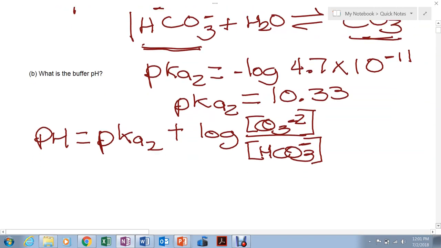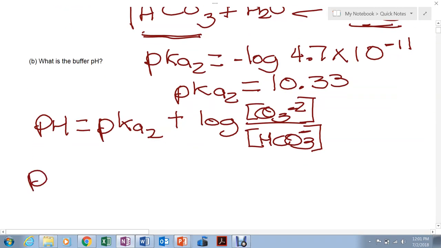So we're going to have here pH equals 10.33 plus the log.